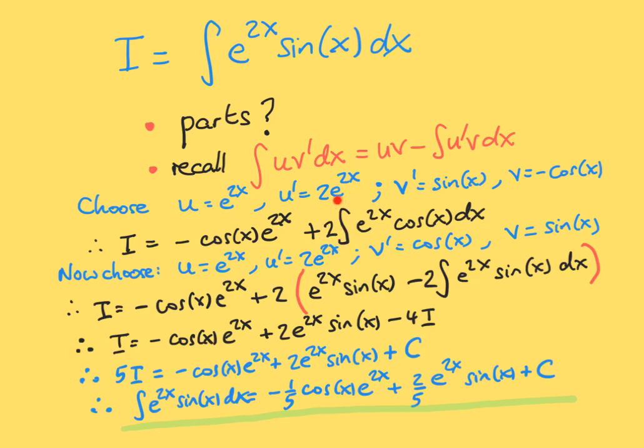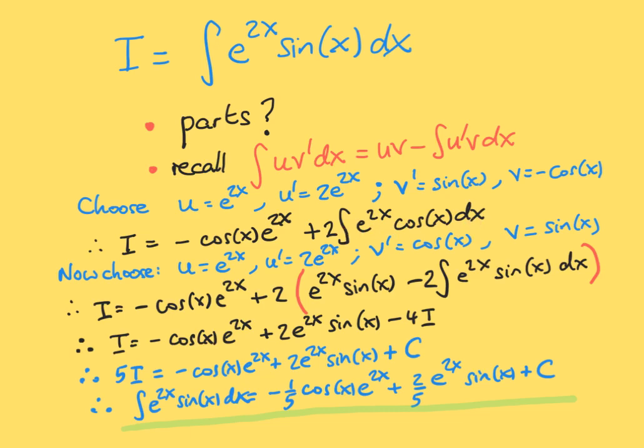Leave the e to the 2x. And then we have to put in v, and v is minus the cosine of x. So there's a minus sign from the integration by parts formula, there's a minus sign from this, so overall we have plus. So our new integral is e to the 2x times the cosine.